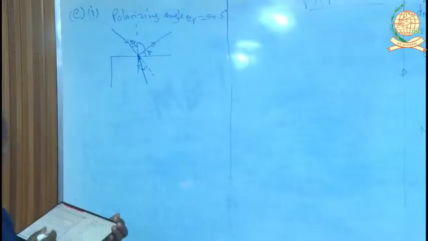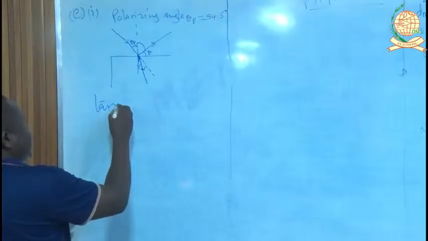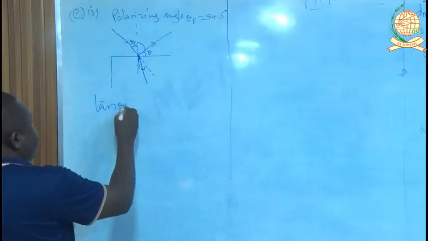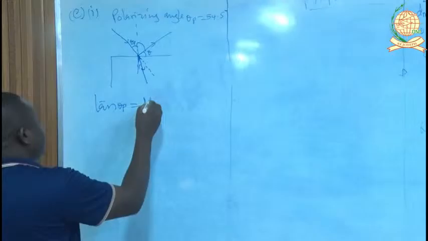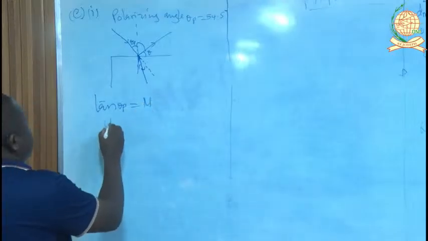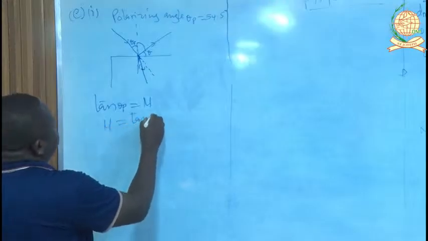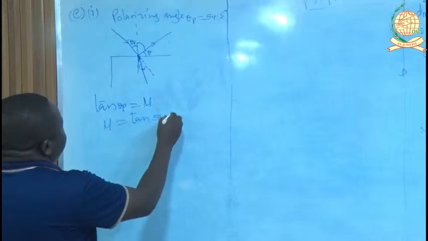So from Brewster's angle, tan of theta P is equal to the refractive index of the material. So what I need only is to find the tan of the given angle, which is 54.5, on a calculator.